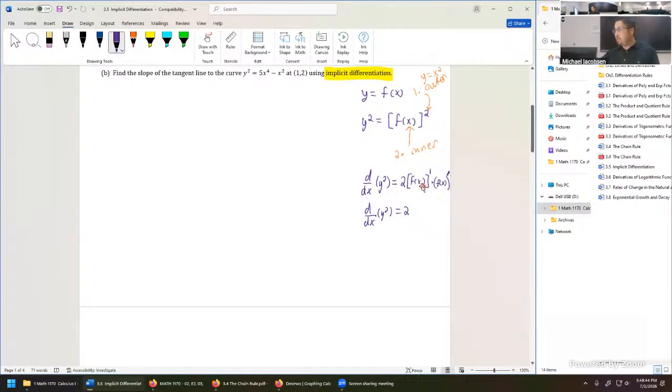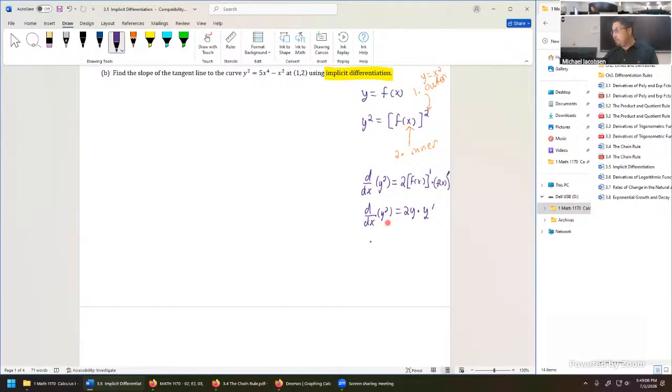We have an f of x here, but from the very top of the notes, recall f of x is just y, so we can throw a y there, times f of x prime. Again, f of x is y, so we can just put in here y, call it y prime. And that's the derivative of y squared.